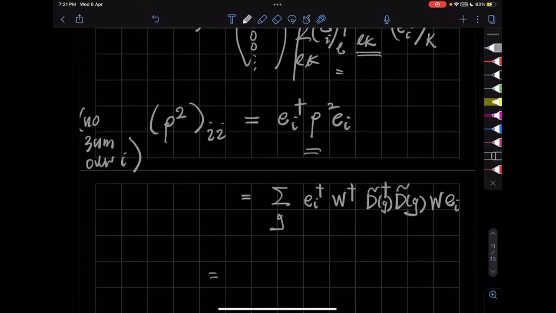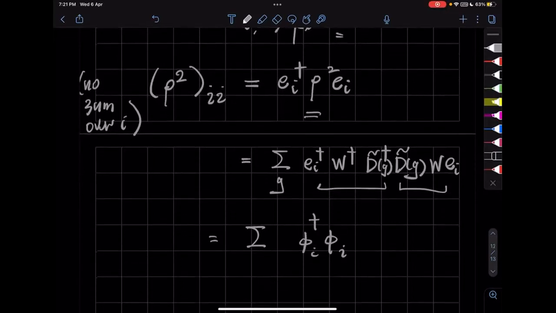But you see that this thing is some vector phi I, and this thing is some phi I dagger. Okay, so each of these terms is positive definite, and therefore the sum is also positive definite.